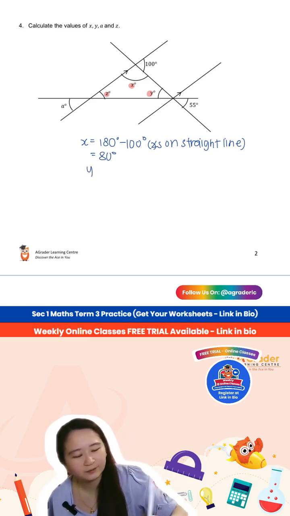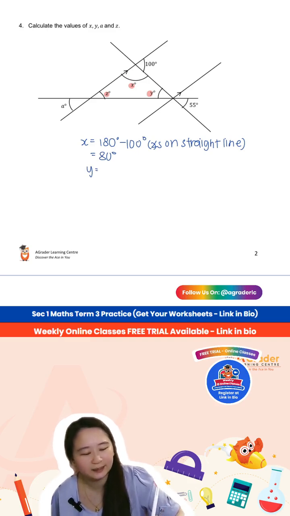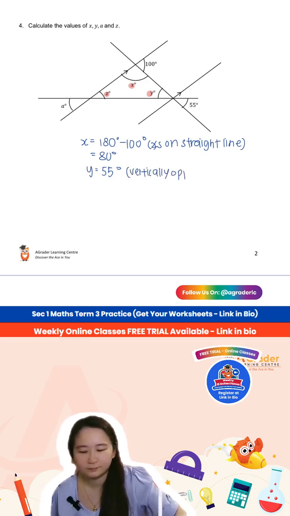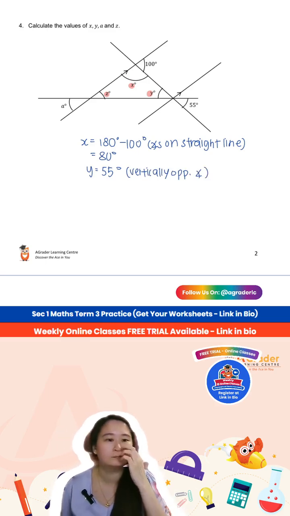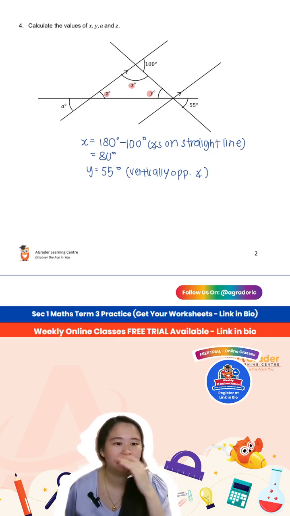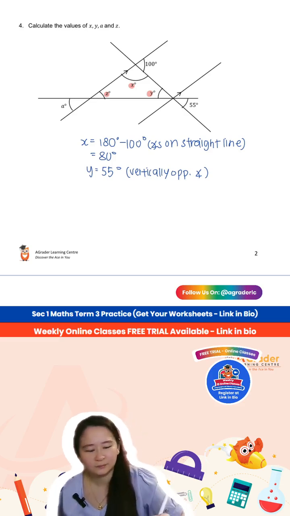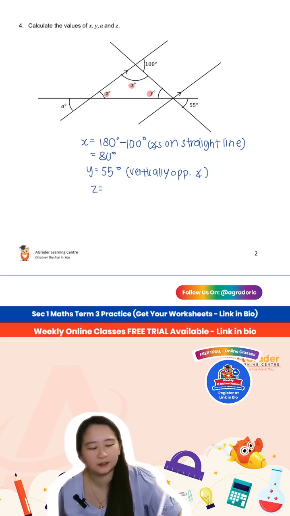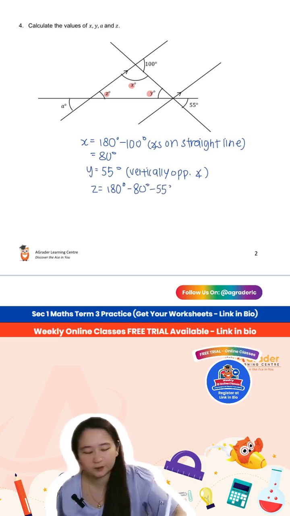Then y we can find using vertically opposite angle, so it will just be 55. Then to find Z, you can use sum of angles in a triangle. So 180 minus 80 minus 55.